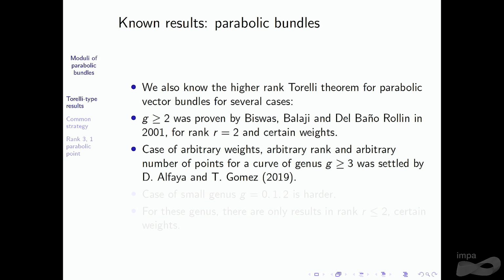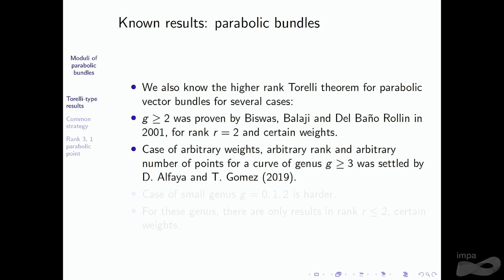Okay. And then the case of arbitrary weights, arbitrary rank, arbitrary number of points was settled by Alfaya and Gómez in 2019. So this was part of Alfaya's PhD thesis. But the only cases remaining were genus lower than 3.